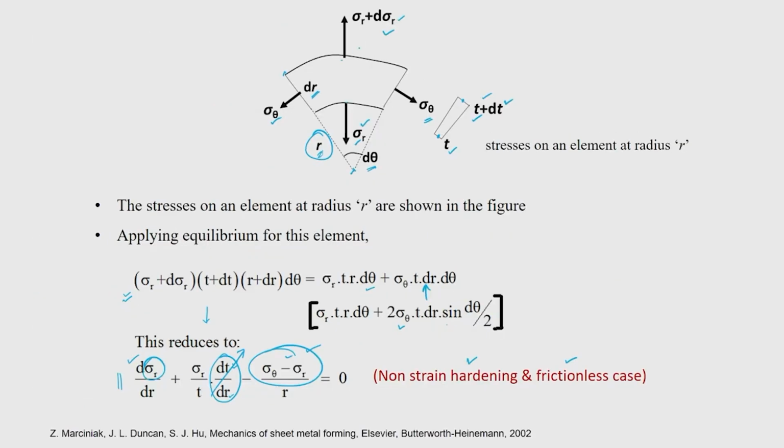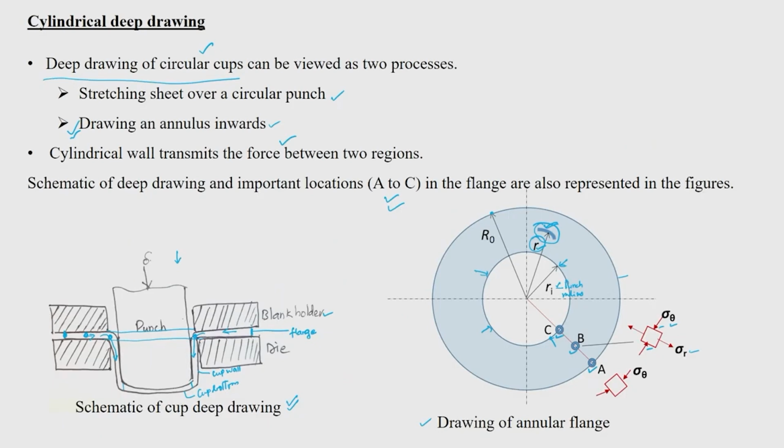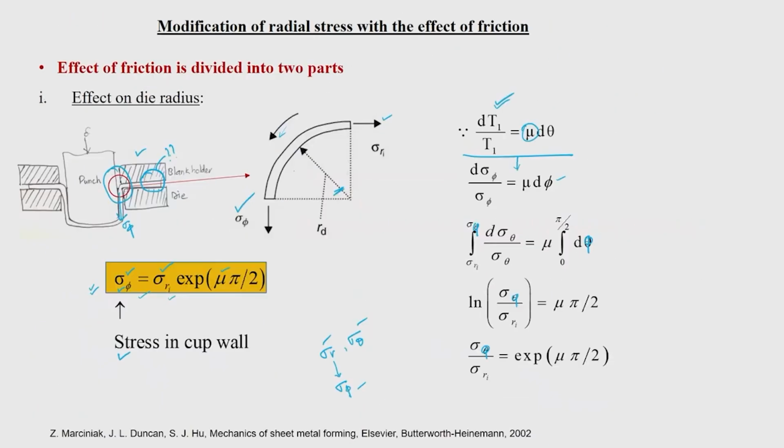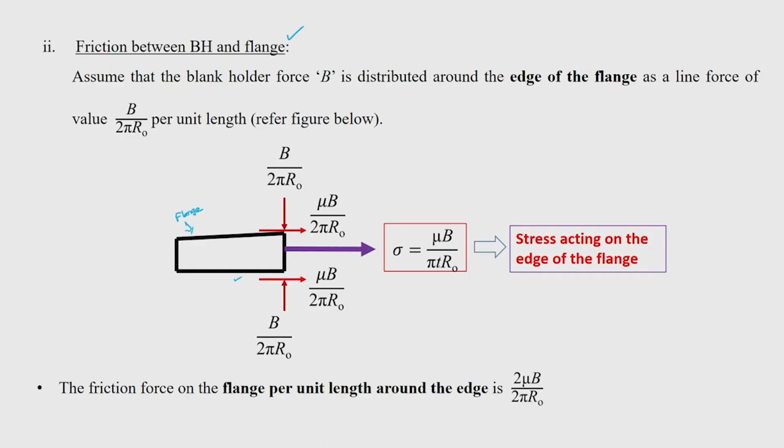At the edge of the flange, you will see that there is some thickening that is going to happen, which is why we said T plus dt. Because of that, we are going to say that this blank holding force, which we call B, is distributed around the edge of the flange as a line force.